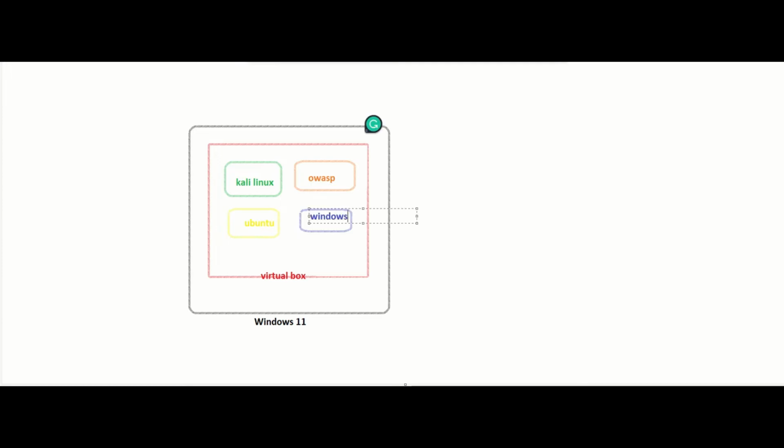So you can install Windows 10 or, let's say, Windows 7 inside your VirtualBox. So this shows that just by having your own computer and installing the VirtualBox, you're able to use different operating systems virtually without any problem.